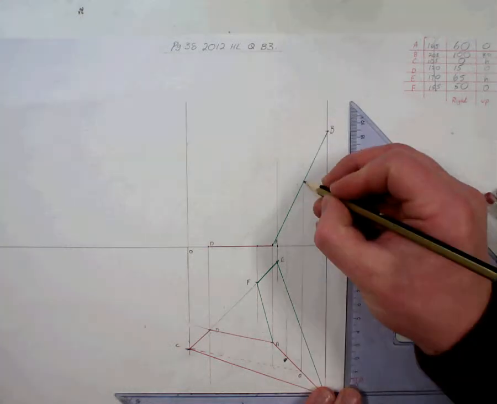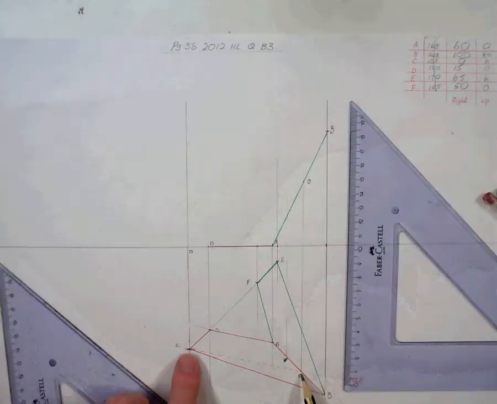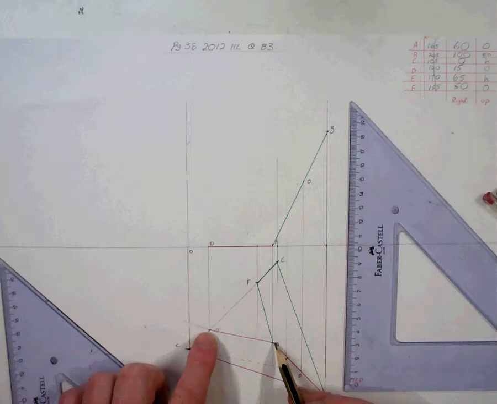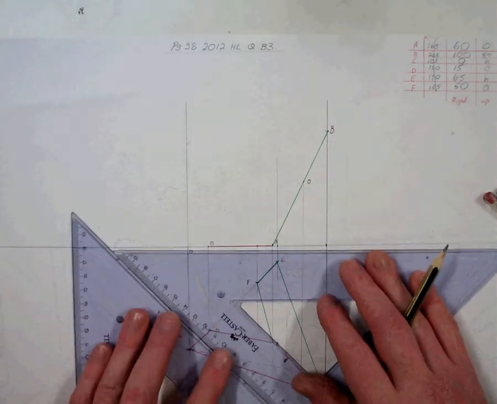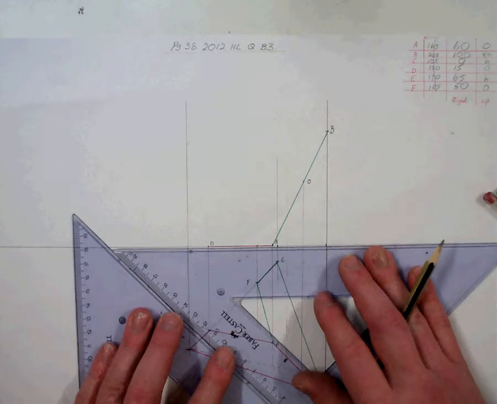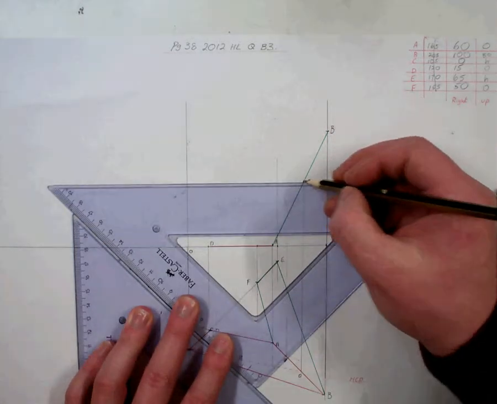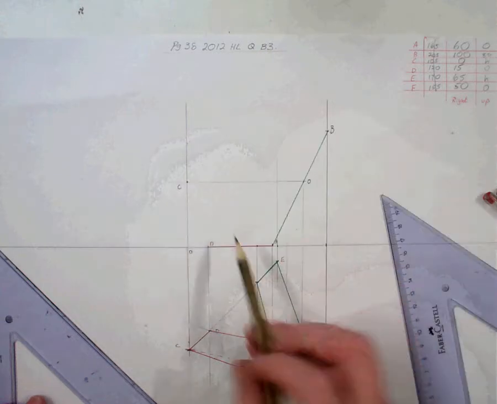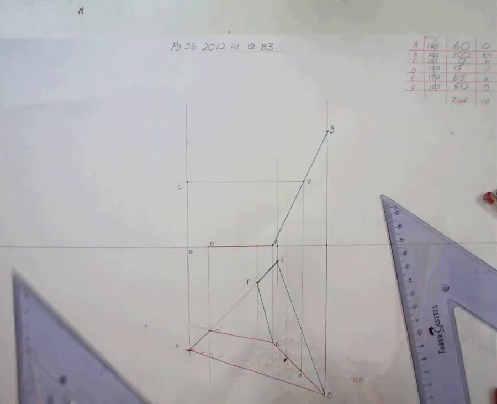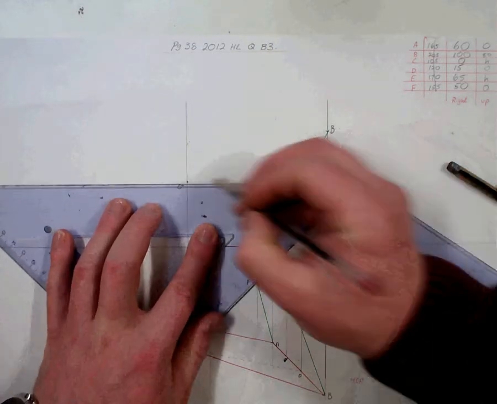There is point O. O to C is parallel to D to A in plan. That means if I take the angle that DA is at in front elevation and bring that horizontal across from O, I can find C in front elevation.